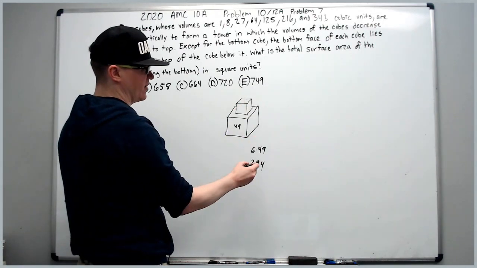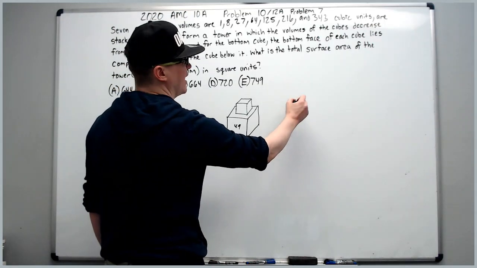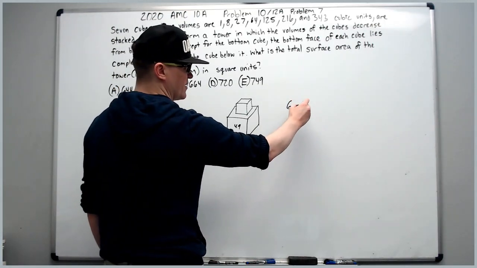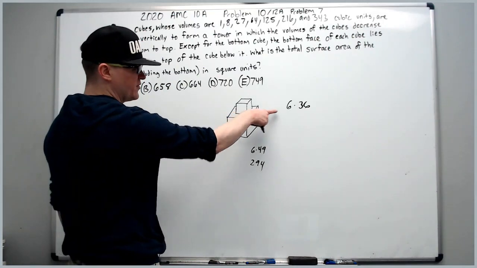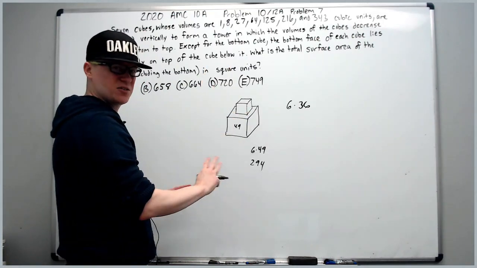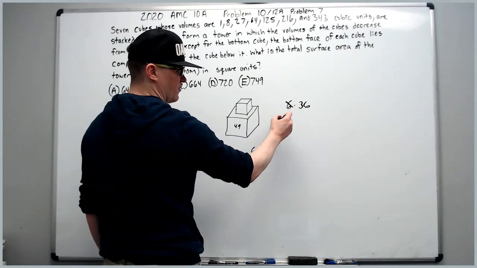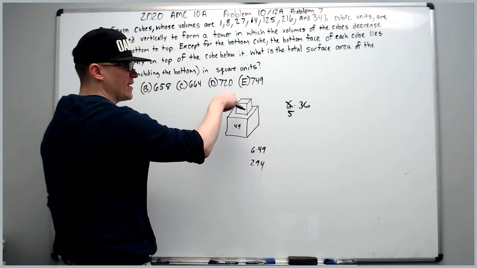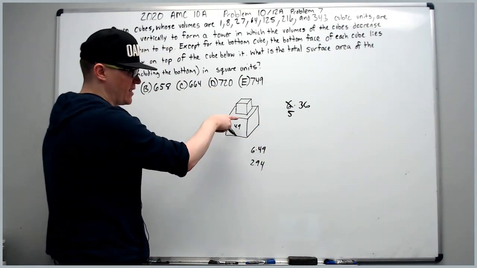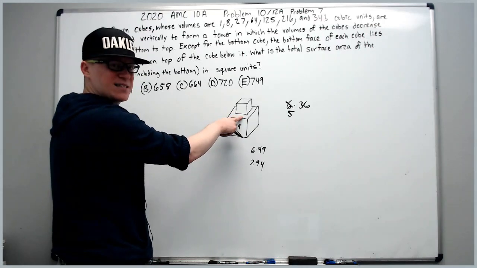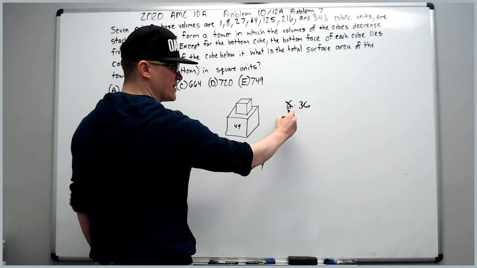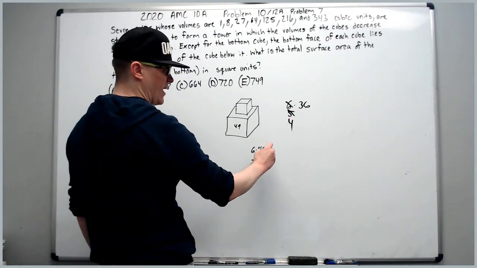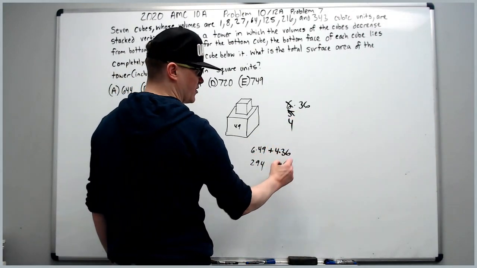Basically, this block here is going to also be 6 sides, each with 6 squared, which is 36. However, one of those sides is facing down, so we don't count it in the surface area. And then it covers up an equal space on the 7 by 7 by 7 cube, so you're losing an additional area of 36, and you really only have 4 times 36.